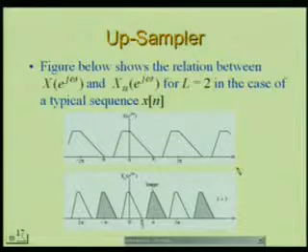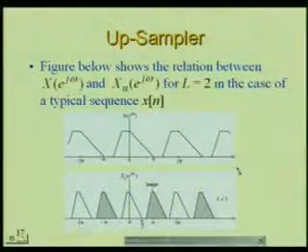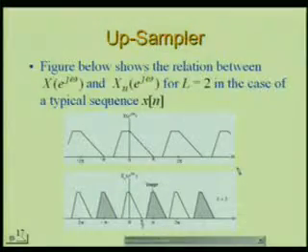In discrete signals theory, we should use X(e to power j omega). This is the standard notation which should be used to represent the frequency response of the discrete sequence x[n]. Similarly, X_u(e^jω) represents the frequency response of the discrete sequence x_u[n], that is the output from the upsampler.